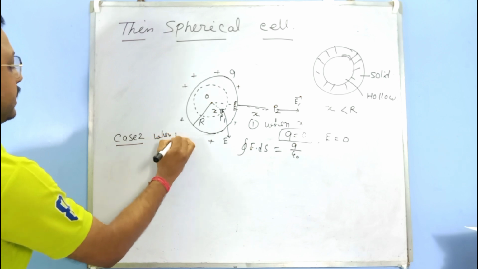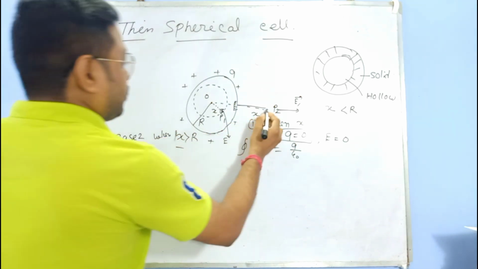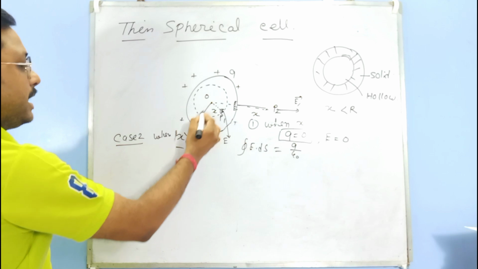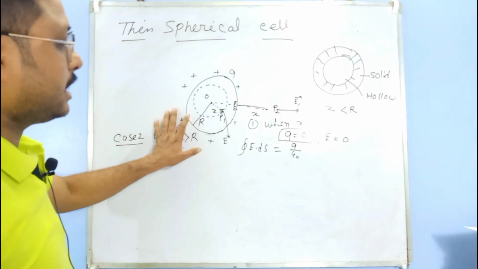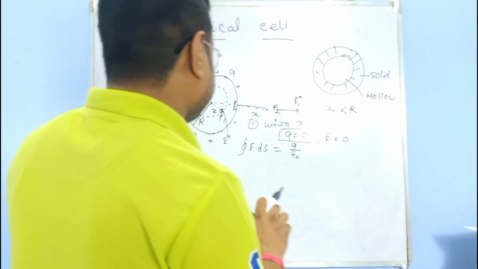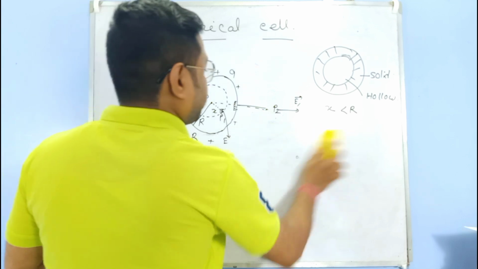When x is greater than r. From the figure we know that x is outside the spherical shell, as the radius of the spherical shell is r, so x must be greater than r. For this case we have to find out the electric field.